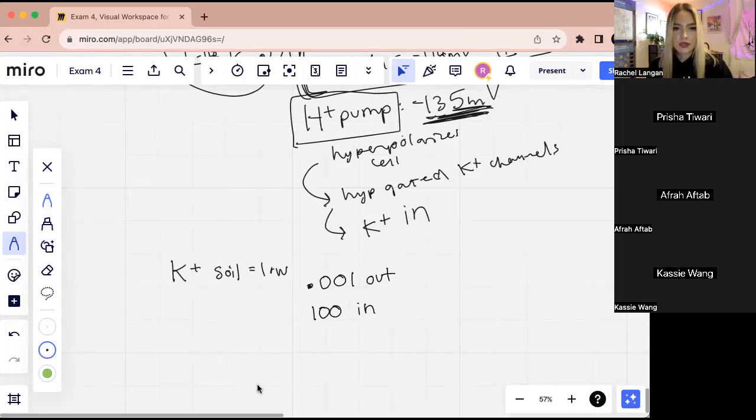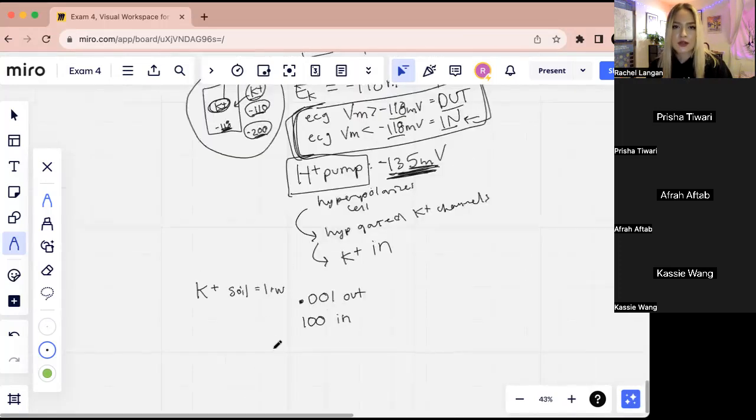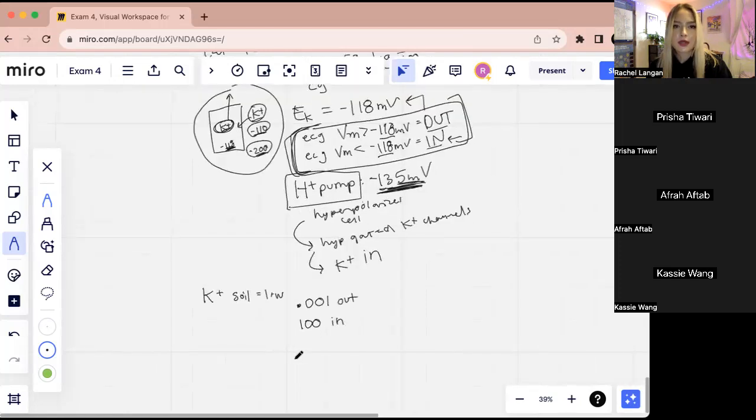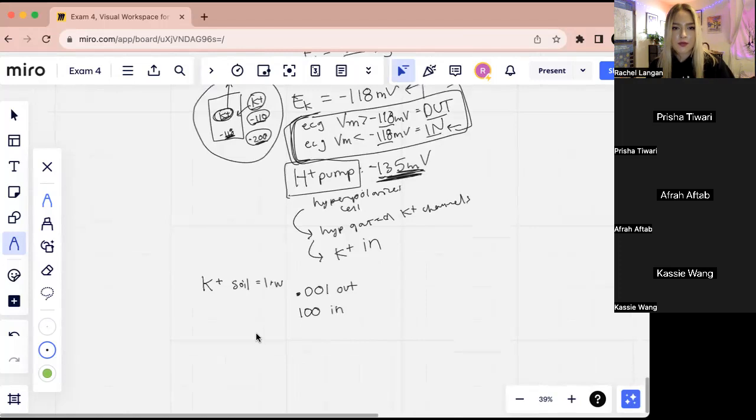What is the difference? Again, I'm going to have you do the math now. That way you're not doing it for the first time tomorrow. So now you would get a question like, okay, here are the normal concentrations. Here are the concentrations under a nutrient depleted soil. What is going to change?